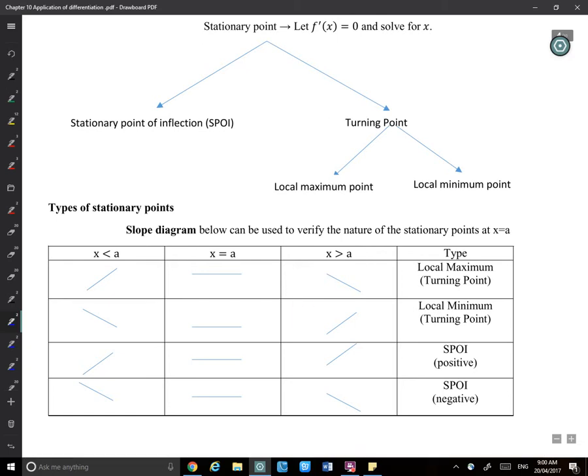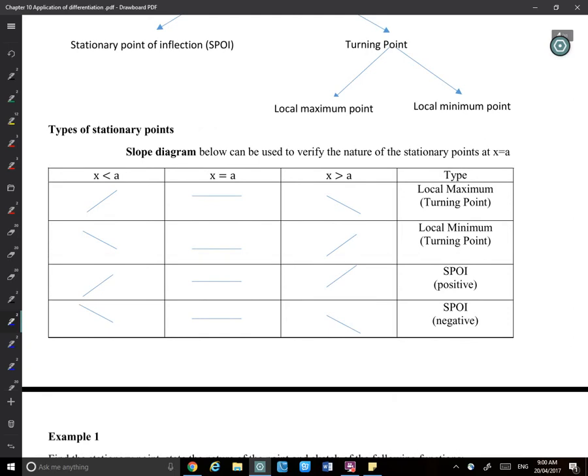When you solve f dash x equals 0 and get, for example, x equals 1, x equals 2, and x equals 3, you don't know which point is a turning point and which is a stationary point of inflection. Even if you know they are all stationary points, you don't know which is the maximum turning point and which is the minimum turning point. You use this table to help you work out what is the maximum, what is the minimum, and what is the stationary point of inflection.